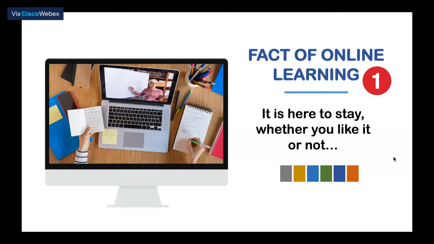But however, the fact is, online learning is here to stay, whether you like it or not, because even when the pandemic is over, for example, we might not have total 100% online learning.